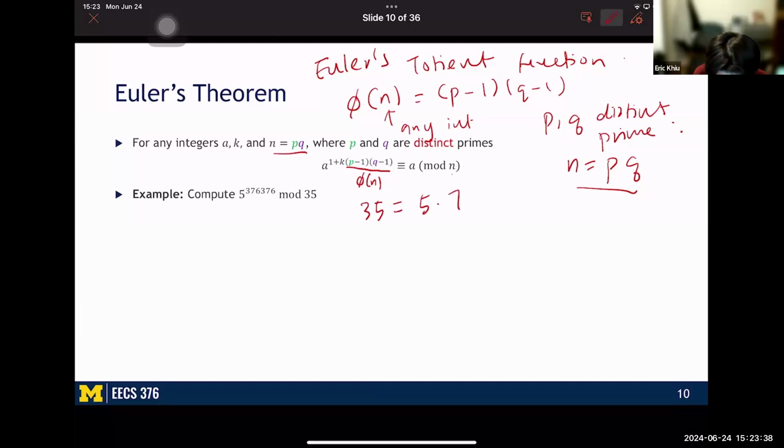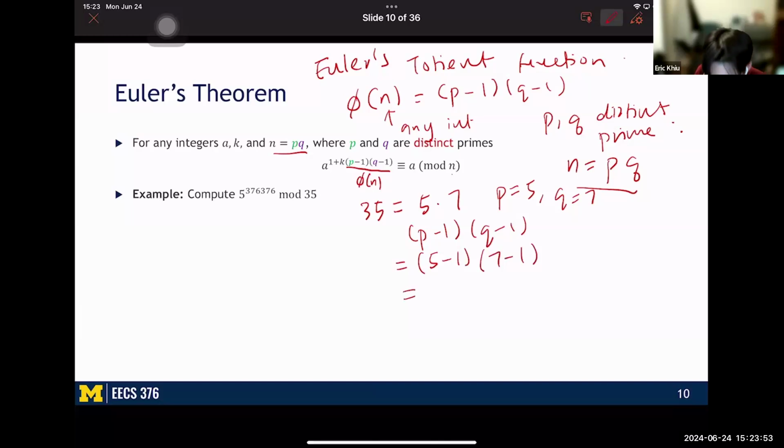So our Euler's totient function is p minus 1 times q minus 1, where p is 5 and q is 7, and they are both primes. So 5 minus 1 times 7 minus 1 is 4 times 6, which is 24.